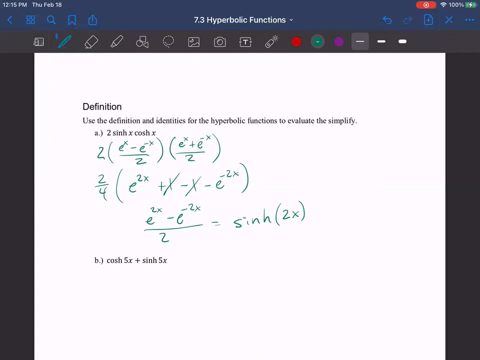Yes? The table at the bottom, are you going to have that in the text? I don't know. I'll think about it. Personally, I think you should be able to figure those out, like we're doing right now.